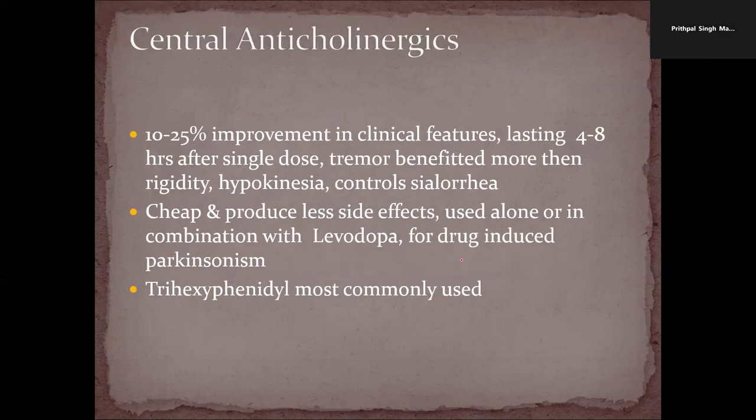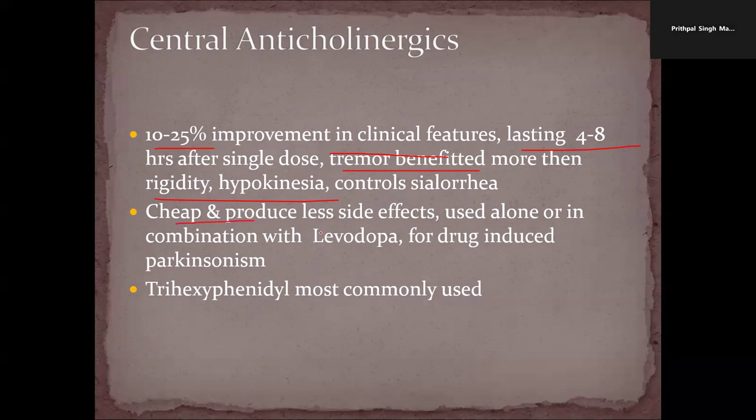Then we talk about central anticholinergic drugs. They are the best drugs for tremors. These drugs improve 10 to 25% of the clinical features, which last for 8 hours. Tremors are benefited more than any other symptom. Levodopa has improvement of all these symptoms, combined, while with these drugs tremors benefit.